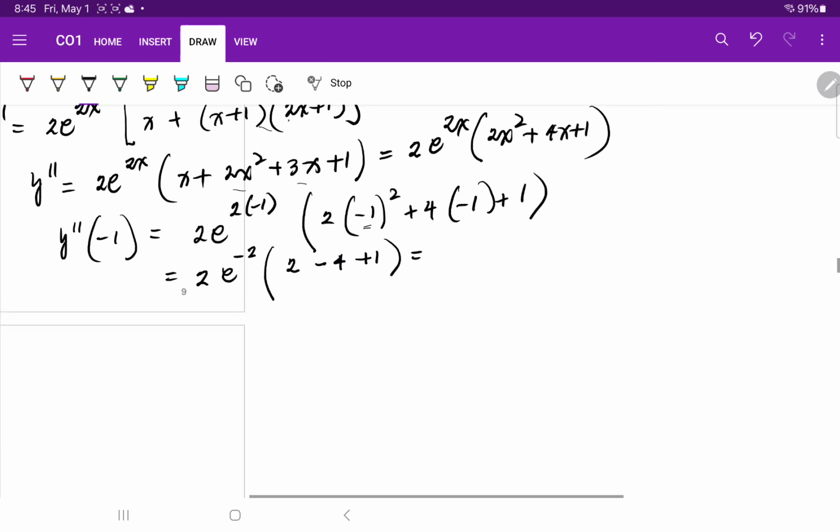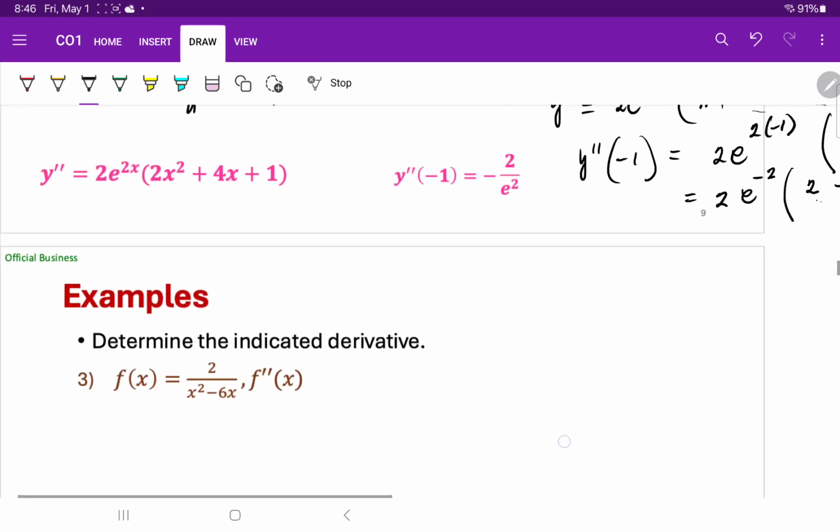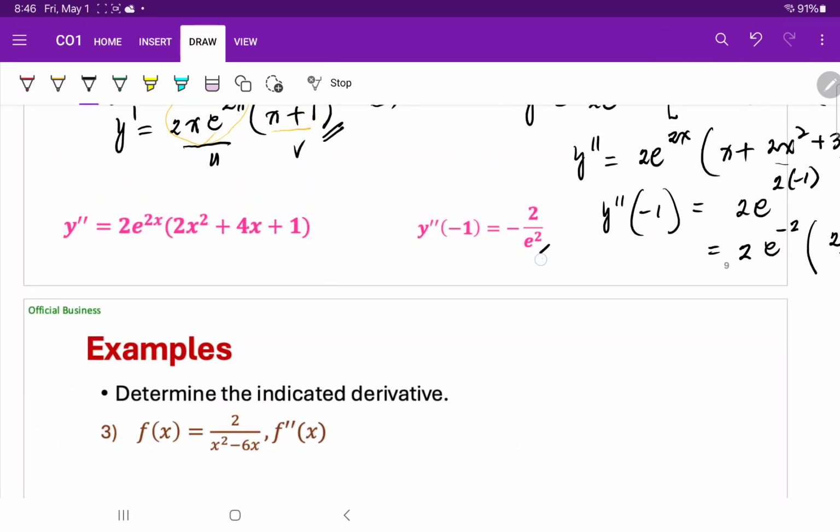That gives you 2, negative 4, negative 4 plus 3 is negative 1, right? Times e to the negative 2, which gives us negative 2 over e squared.